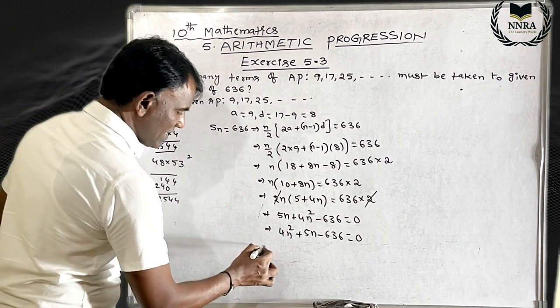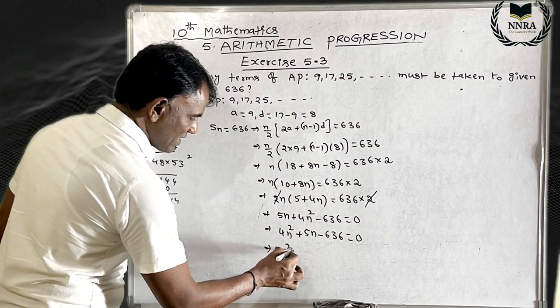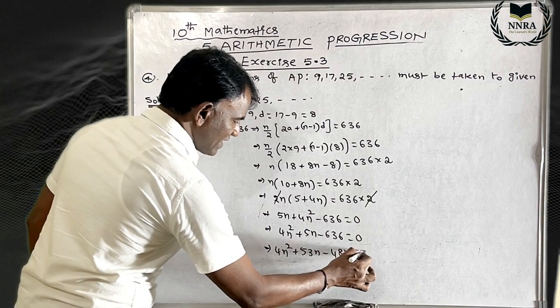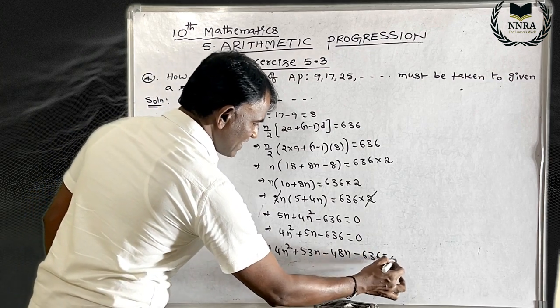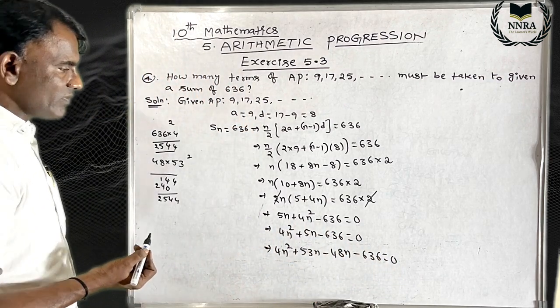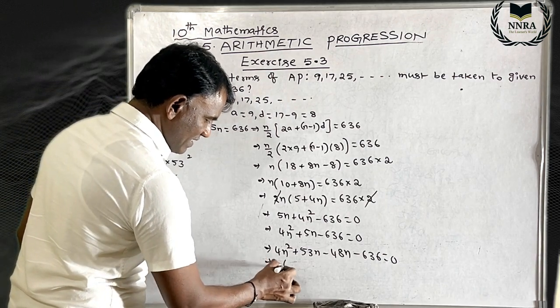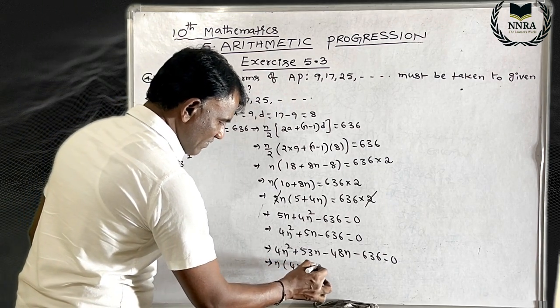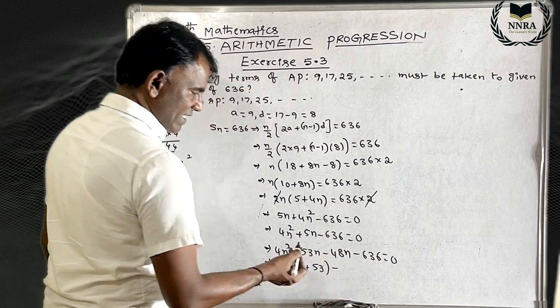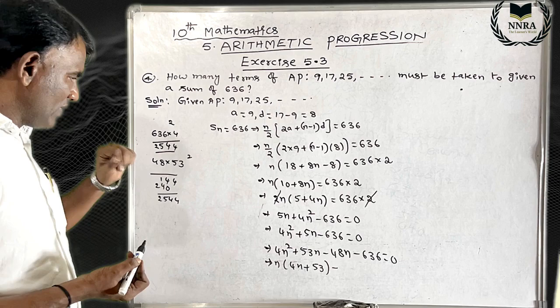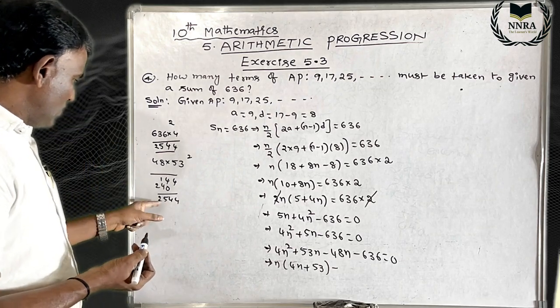Okay. So just write here 4n square plus 53n minus 48n minus 636 equal to 0. After this, n is common, right? 4n plus 53 minus, so 48 into 53 is how much? 2544.